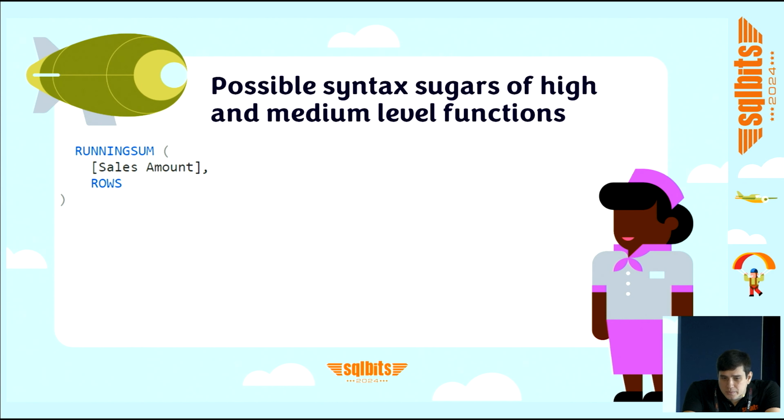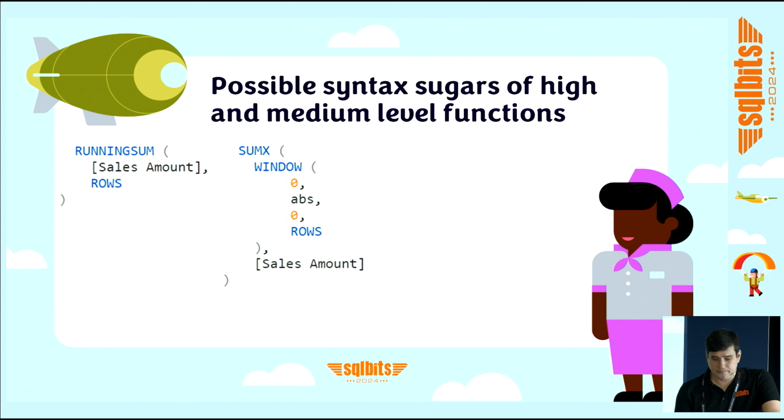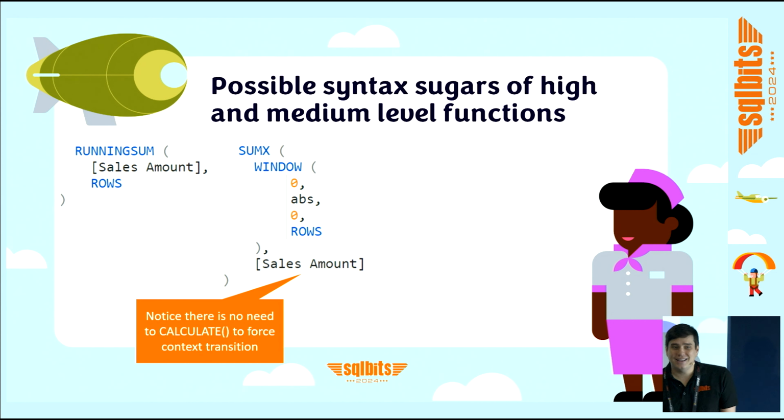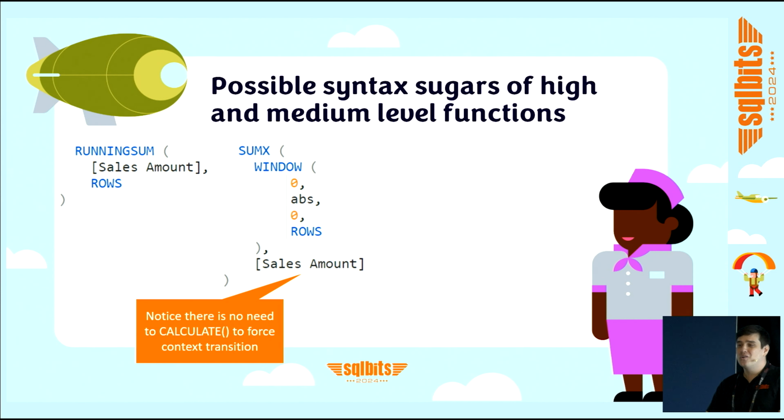Let's fast forward a little bit. So, possible syntactic sugars that we might have. Okay. Running sum x, that window function, sales. And if you notice here, there is no calculate to force context transition. Why? Because in the visual calculation realm, there's no row context.